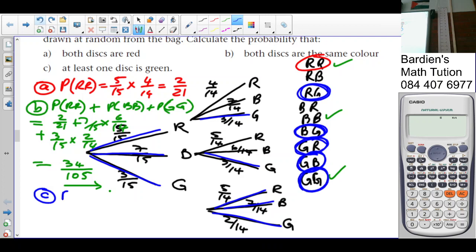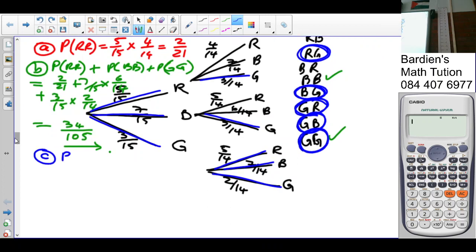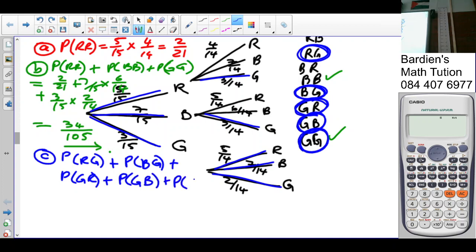The probability of both red-green plus probability of blue-green plus the probability of green-red plus the probability of green-blue plus the probability of green-green.